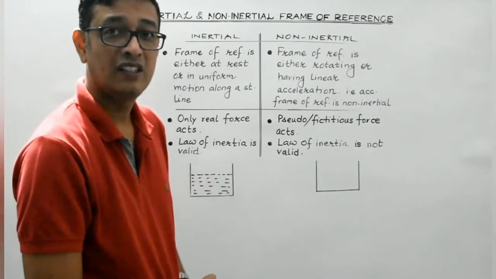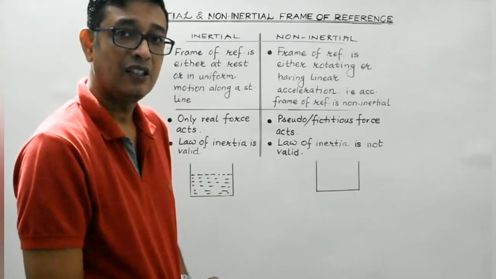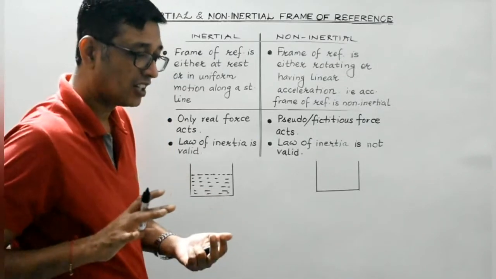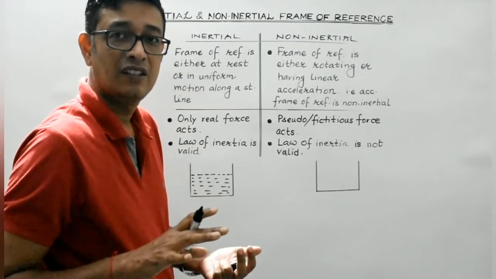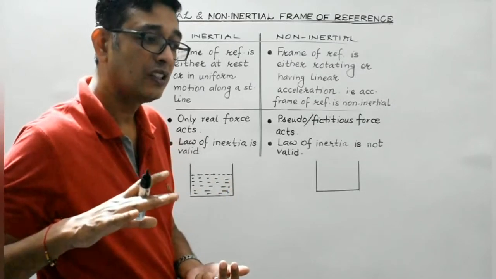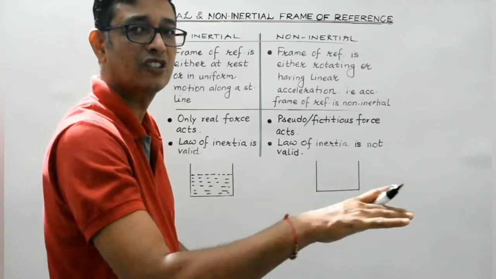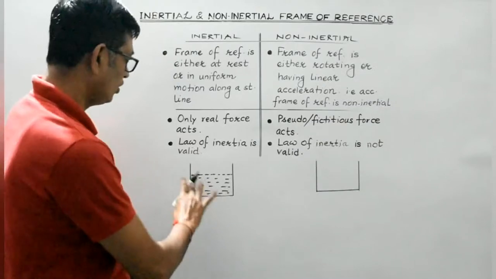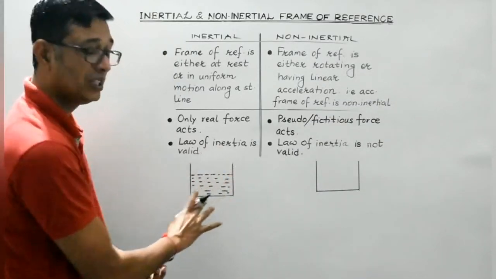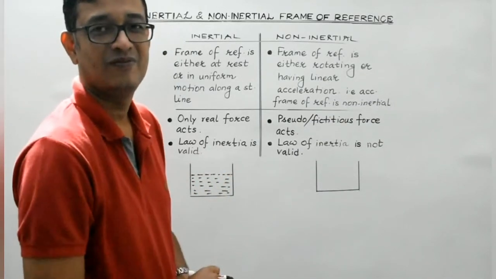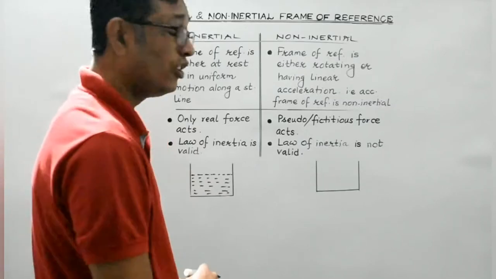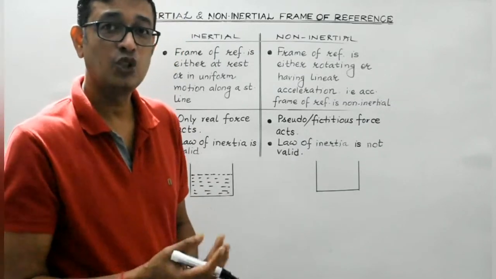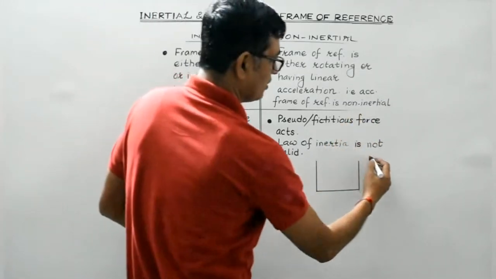Am I clear, students? And even if the vehicle starts moving, and let us consider the vehicle to be moving with uniform velocity along a straight line, then also the level of the water in the beaker will remain the same. Clear?